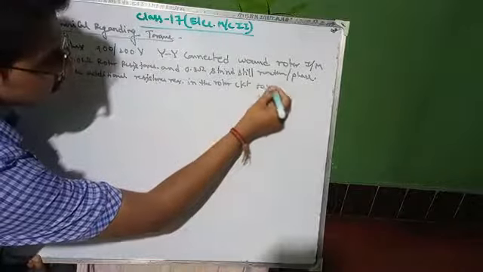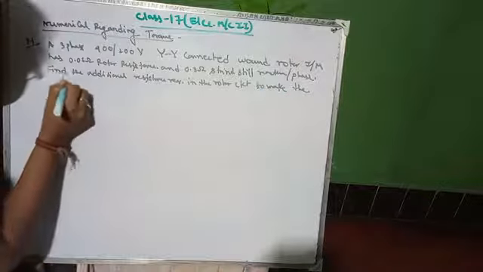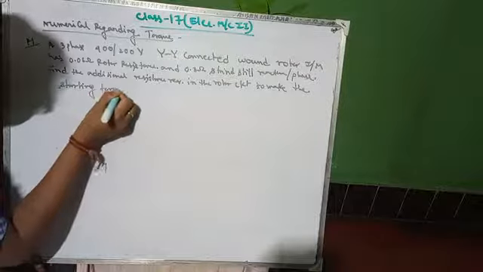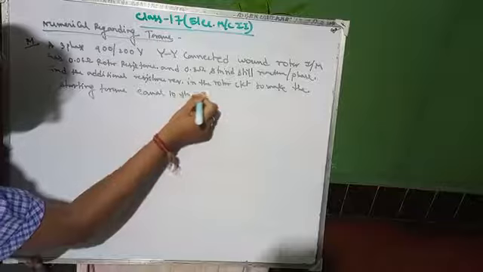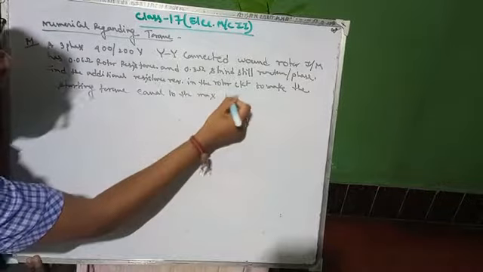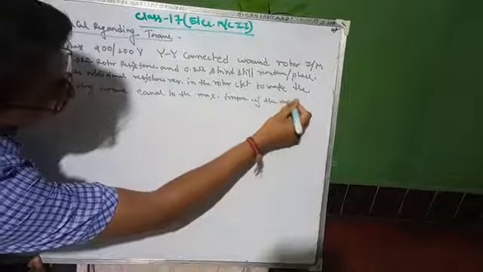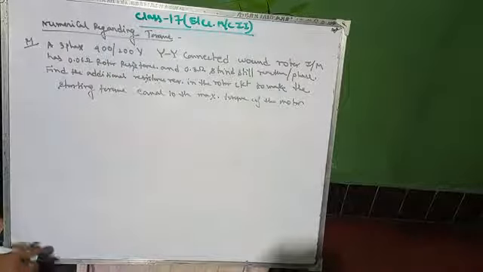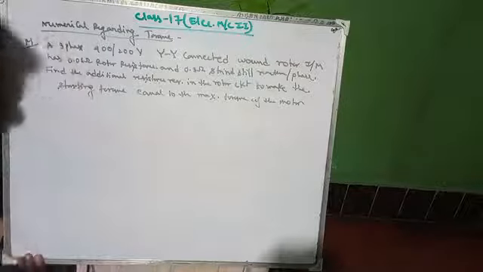So the additional resistance you have to add is to make the starting torque maximum.